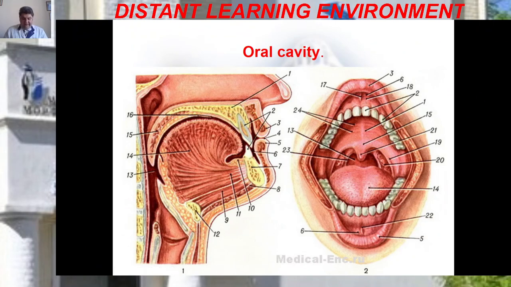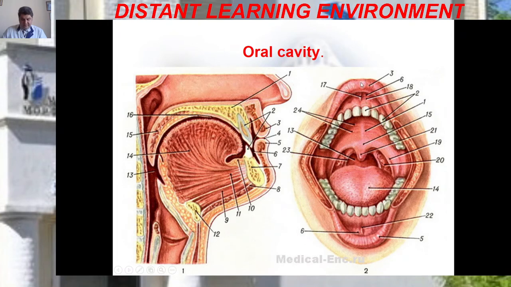The vestibule of the mouth is the space bounded by the lips and cheeks externally, and by the teeth and gingiva internally. By means of the opening of the mouth, the oral fissure, rima oris, you may see number 4, the vestibule opens into the external environment.